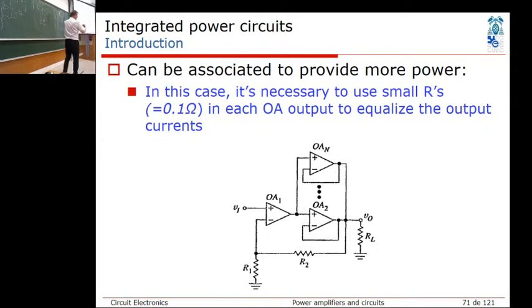You don't want that to happen. You want the amplifiers to add the currents together to have a bigger current output. But that's one way of doing it without transistors.